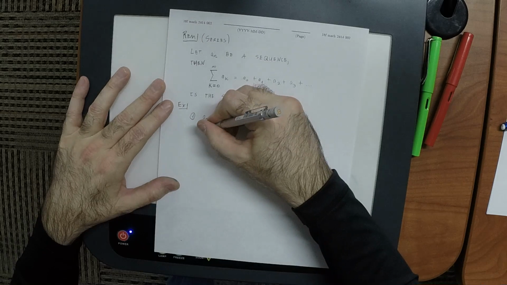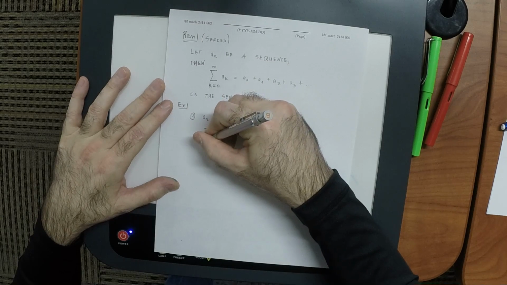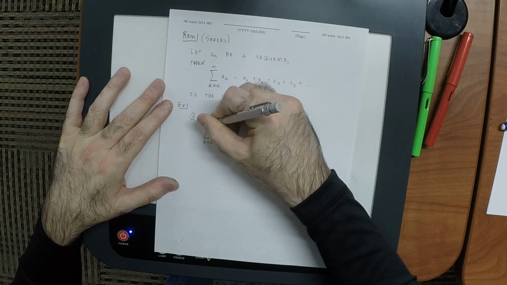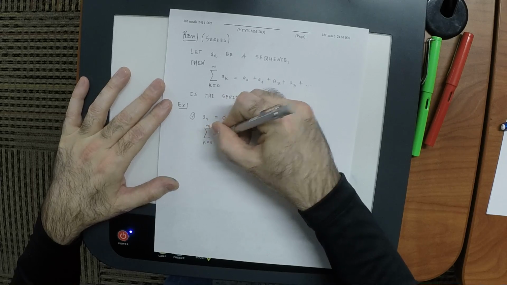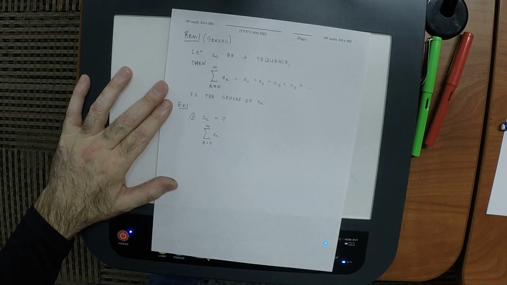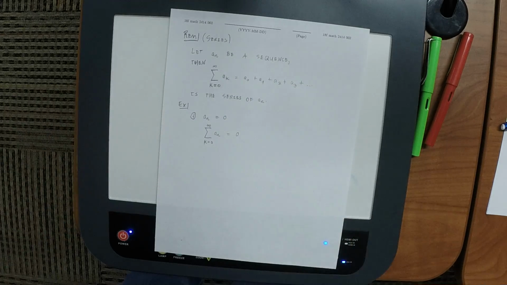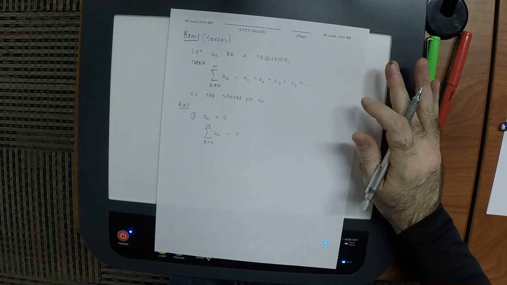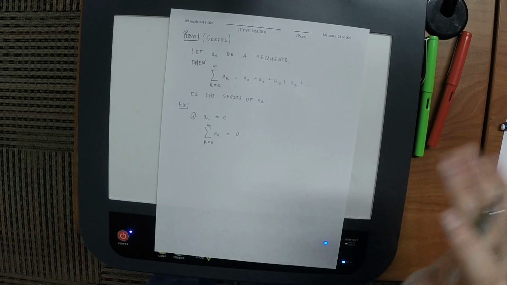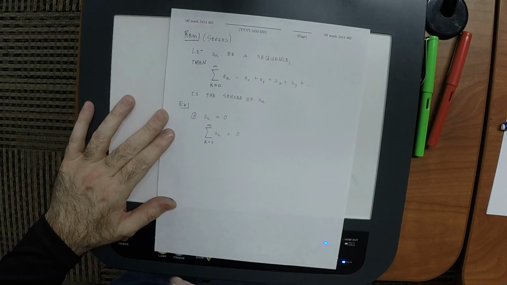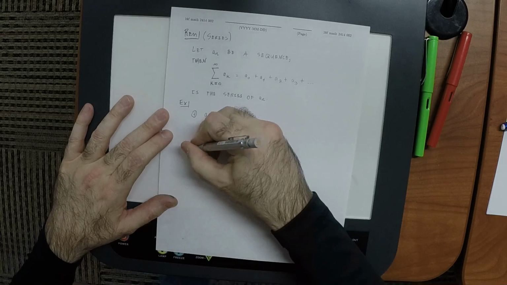But what's the summation from k equals 0 to infinity of a_n? You could tell me the answer now. It's 0. If you take 0 and add up infinitely many zeros, what do you have? 0. Okay, that's not profound.